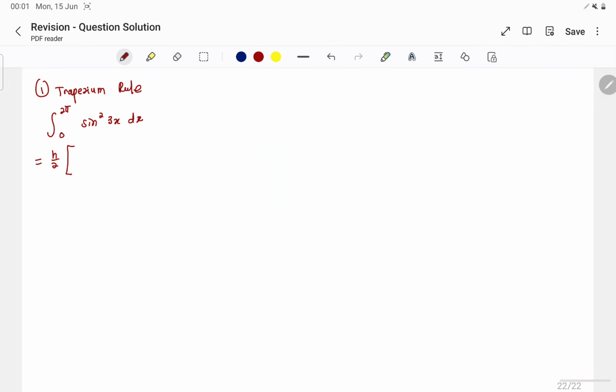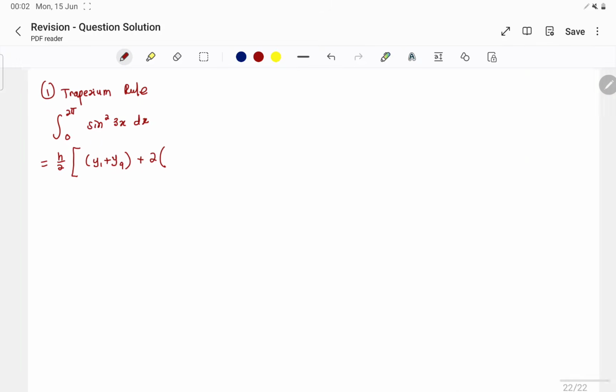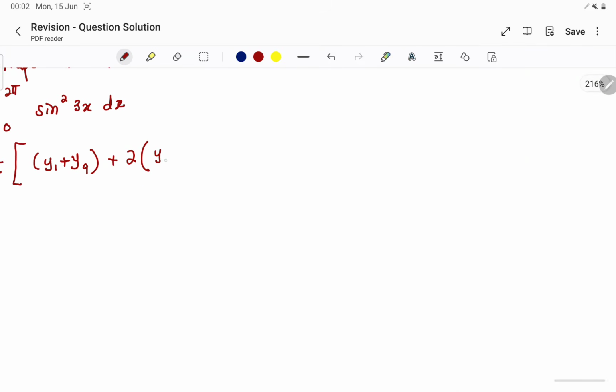So by right, y1 plus y9. The next one you multiply with the rest of the values of y, which is y2 plus y3 plus y4 plus y5 plus y6 plus y7 plus y8.